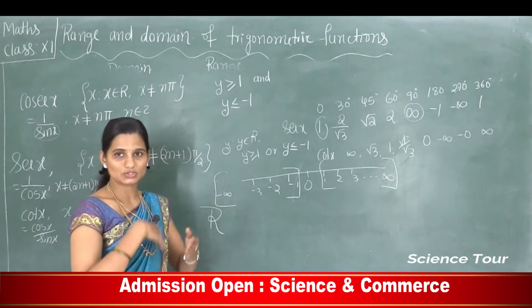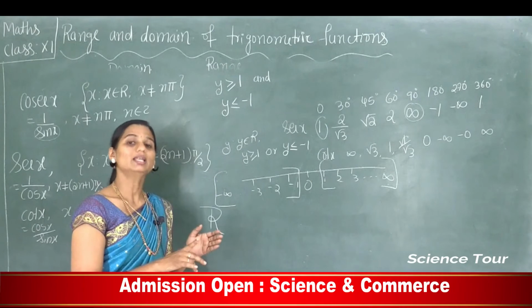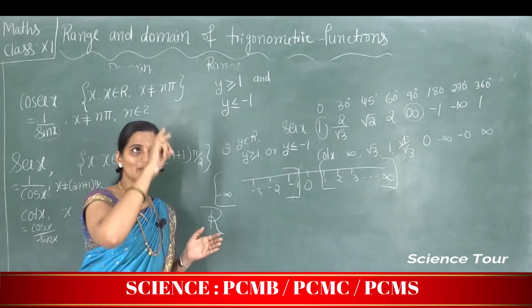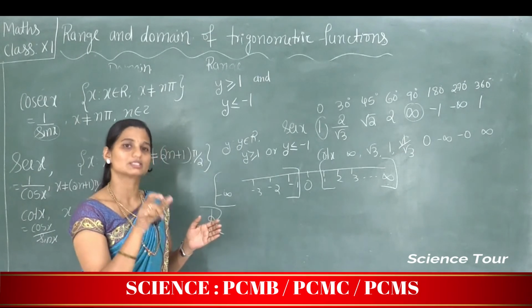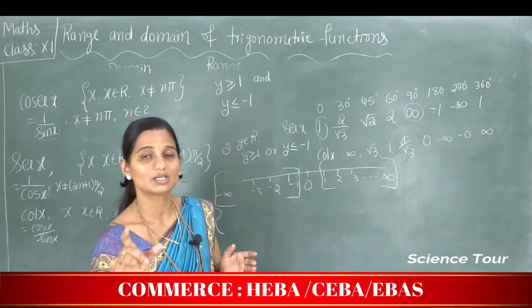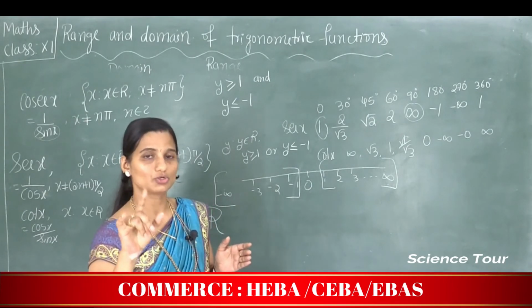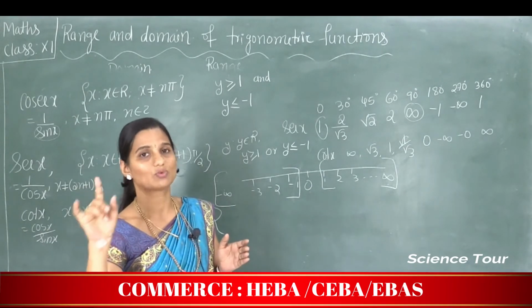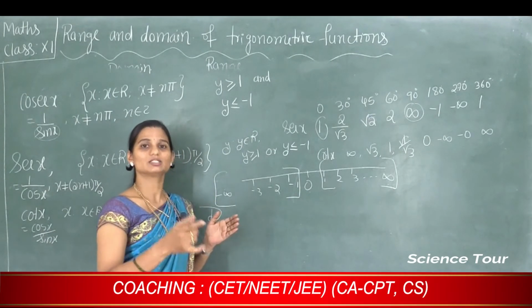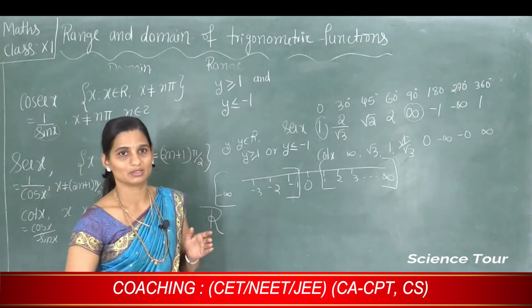Cos also same. Tan is what? Where it is not defined, that you should mention. Sin x divided by cos x, denominator should not be equal to 0. Where cos is equal to 0, x should not be equal to (2n plus 1) pi by 2, right? And the range is the set of all real numbers.